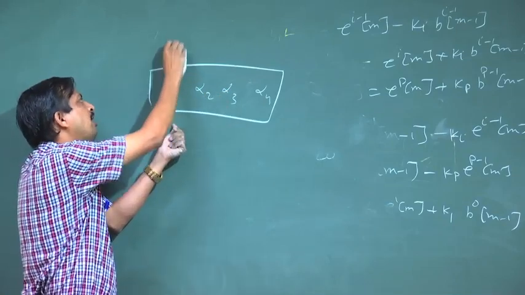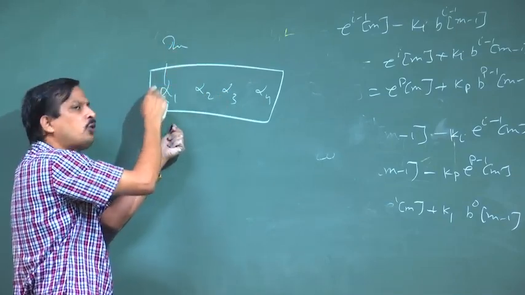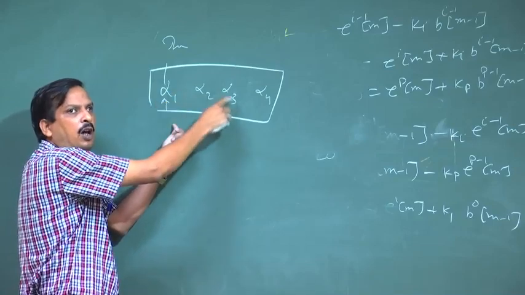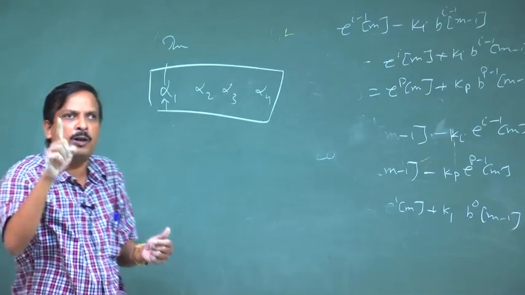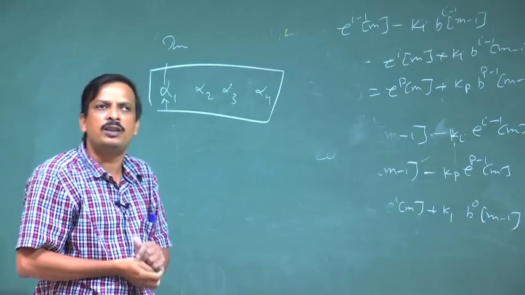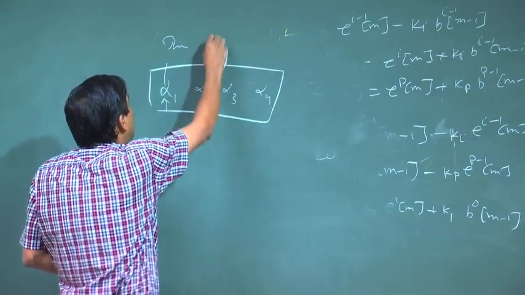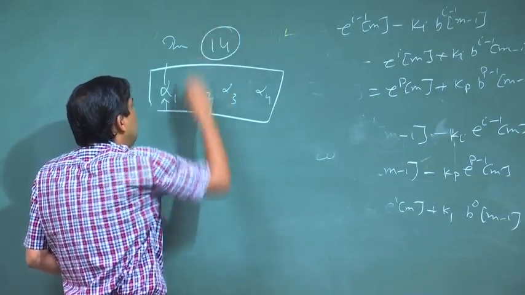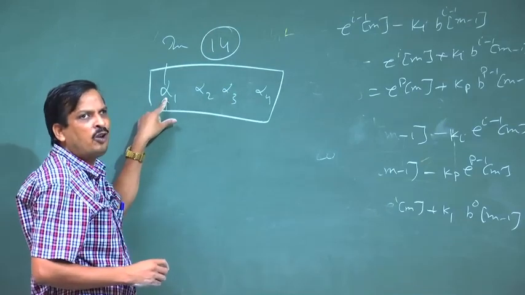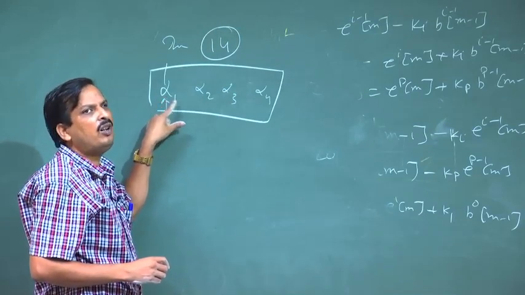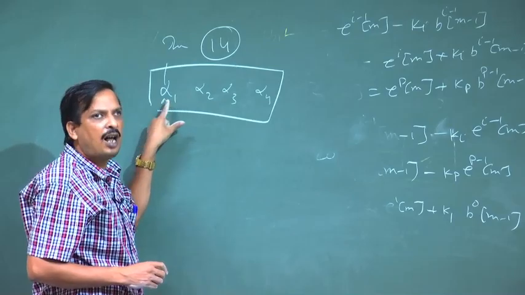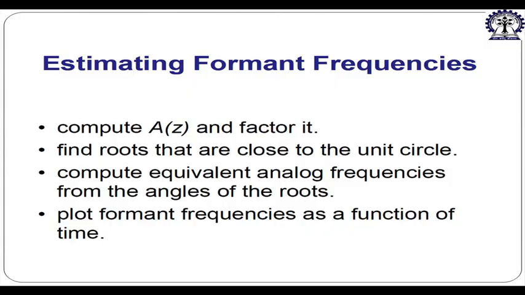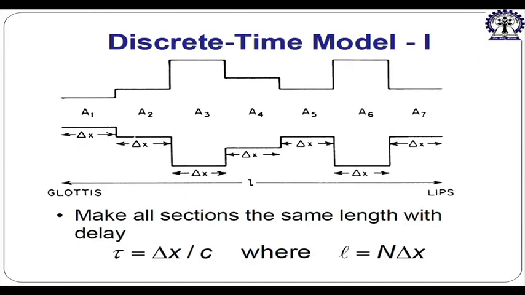So, each pole represents a formant frequency. Now, if I take 14th order, then the root which is not close to the unit circle does not give you the formant frequency. The root which is close to the unit circle gives you the formant frequency.